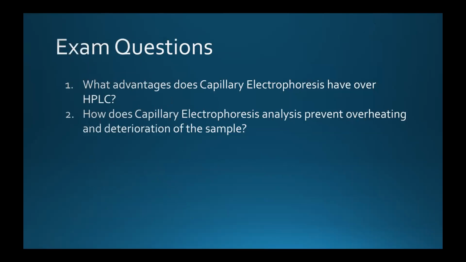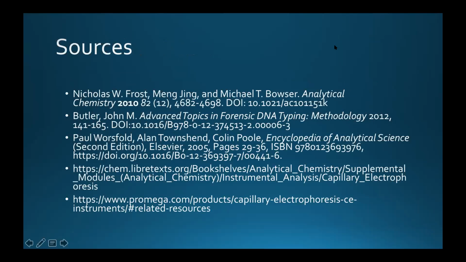And how does capillary electrophoresis analysis prevent overheating and deterioration of the sample? Like I said before, with the capillary design, the surface to volume ratio is increased, which prevents overheating from the high power source. And those are my sources, and that is all.